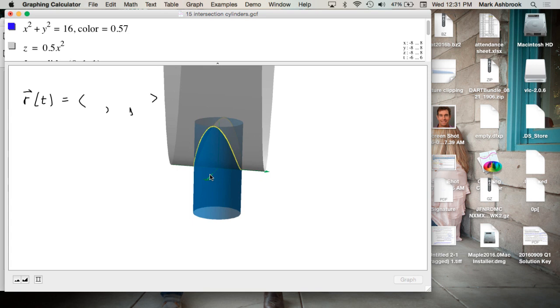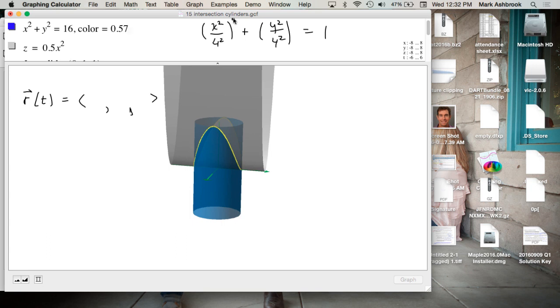Would our x be 4 cosine of t? And our y would be 4 sine of t? Yep. Because we can do x squared over 4 squared plus y squared over 4 squared equals 1, divide by 16. And then cosine t is going to be x over 4, right?